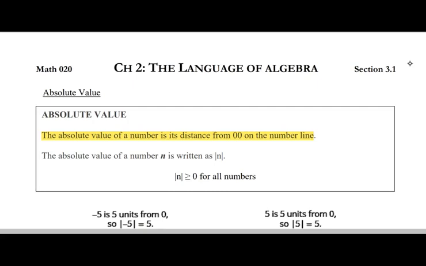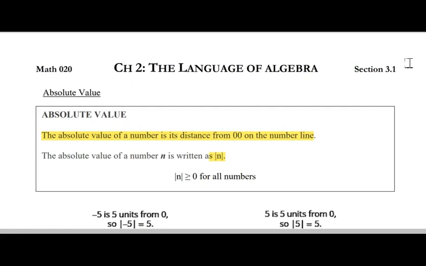And then the algebraic expression: the absolute value of a number n is written as n with the vertical brackets around it. So that's how we denote the absolute value.